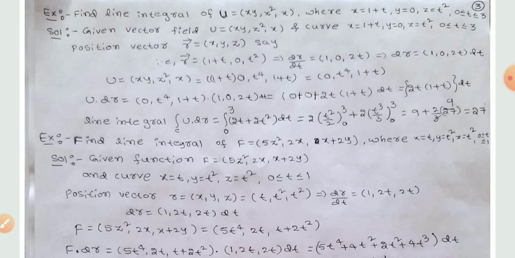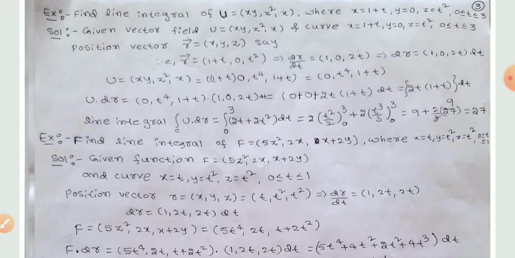Here the position vector r bar is (x, y, z). Here the x value is 1 + t, the y value is 0 and the z value is t². Substituting the x, y, z values in the position vector, r bar = (1 + t, 0, t²).